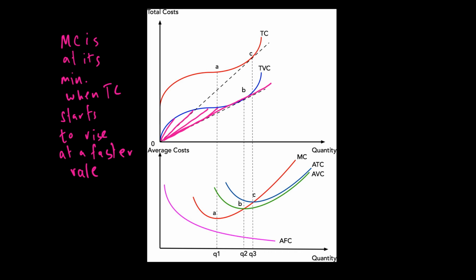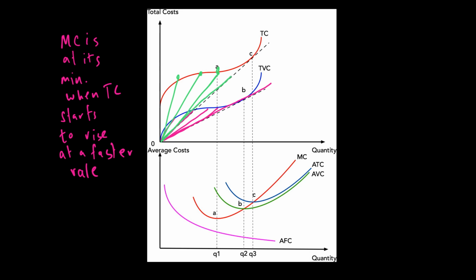I draw a line from origin, and I keep on taking it to the TVC curve, and all of these points are points. If I find the slope of these points that I've drawn, I can get myself my ATC curve.